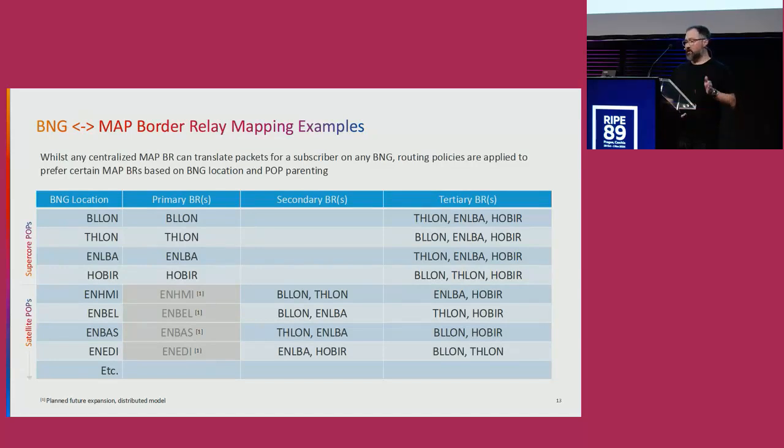And subscribers that terminate in those satellite POPs further down the network tend to prefer the 2 border relays at the parent supercore sites that the satellite POP parents to. If we do decide to go distributed, then that one will pick up as primary, and only if that one fails will the 2 parent supercore POPs pick that up.